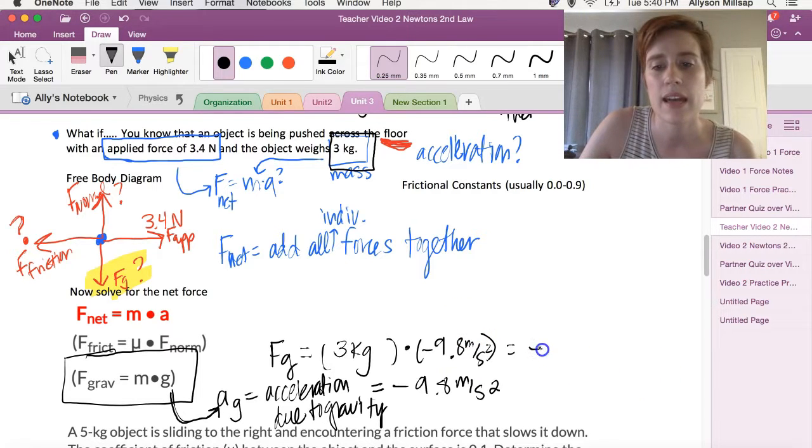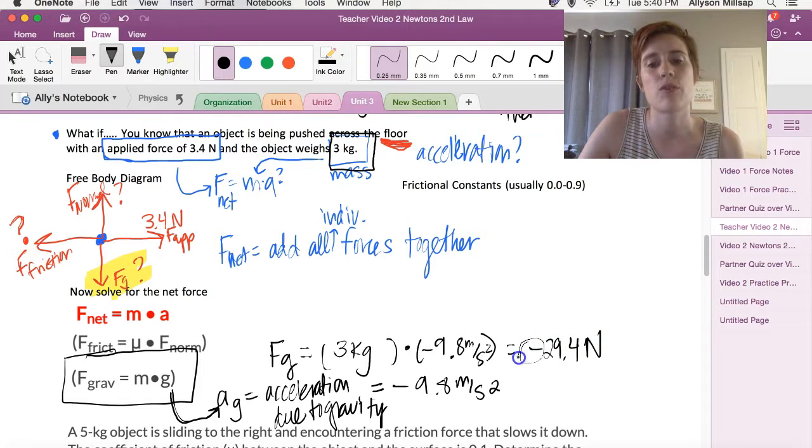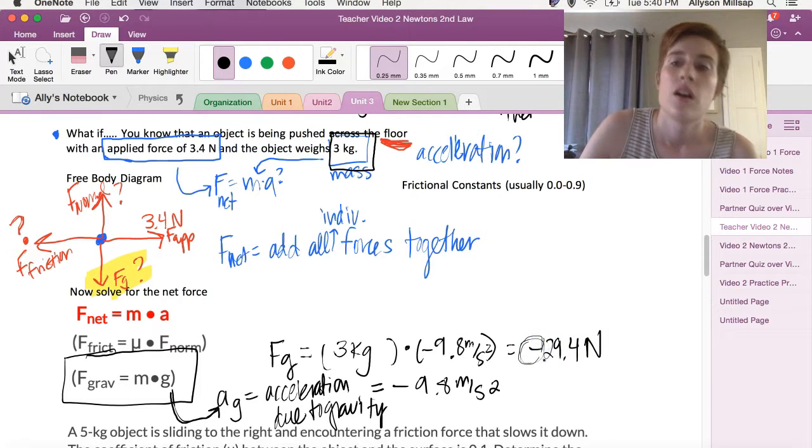And I get negative 29.4 newtons. What does that negative stand for? Hopefully you said it stands for the downward direction. So the gravitational force, you can write it as a positive number because we're already showing the negative with this downward arrow, if that makes sense.